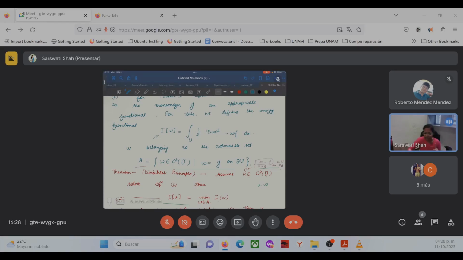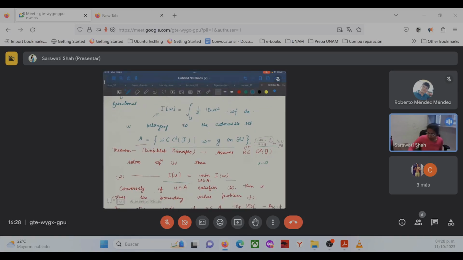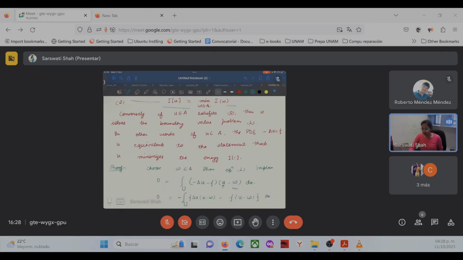Only similarity is this one, and because of that we are able to write this inequality. Is it clear? Because if it was a solution, then at this step we would obtain 0. It will not give us an inequality.